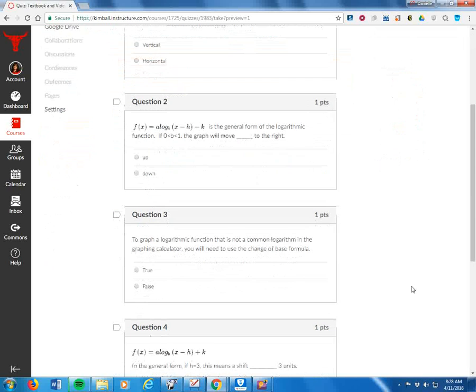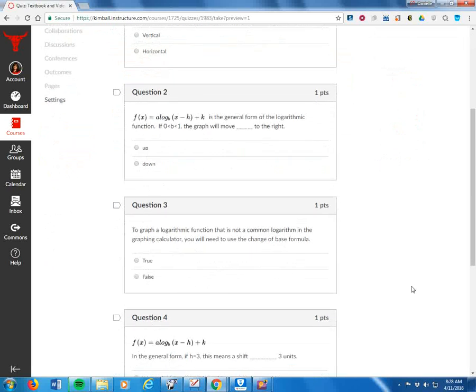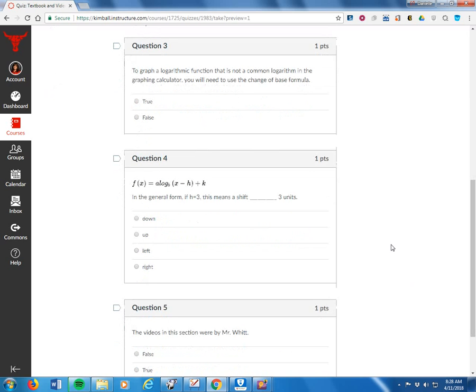If this is the general form of the logarithmic function and b is between 0 and 1, the graph will move down to the right. To graph a logarithmic function that is not a common logarithm in the graphing calculator, you'll need to use the change of base formula, true. In this general form, if h is 3, it means a shift right 3 units. And finally, the videos in this section were by Mr. Witt. They were by Khan Academy, so that's false.